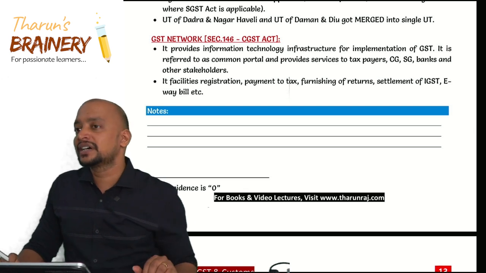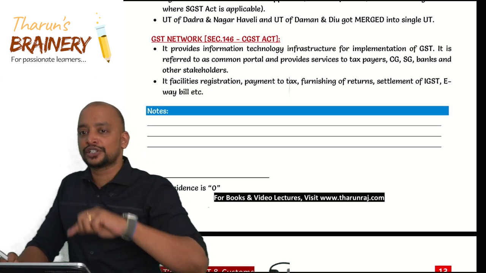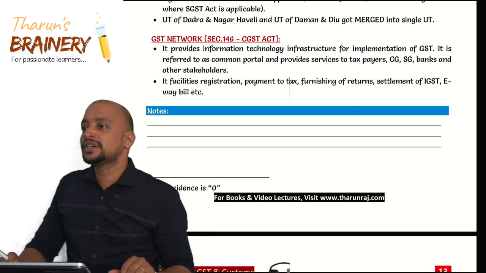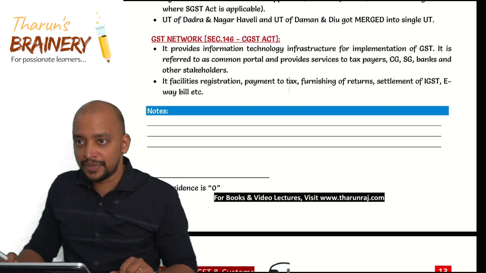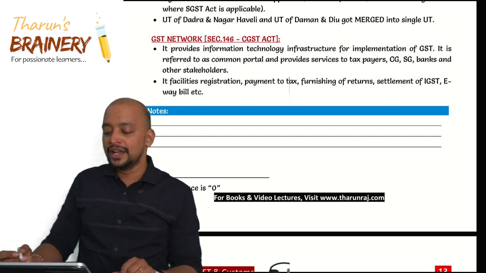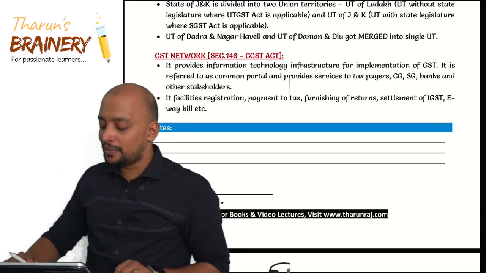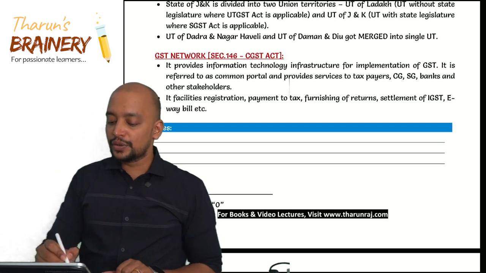And this network is not a constitutional authority, but it is a government authority. Who owns this network? 100% it is owned by the government. Previously it was public-private, but now it is 100% owned by the government. In that 100% government ownership, the central government will own how much? 50%, and the state governments own 50%.